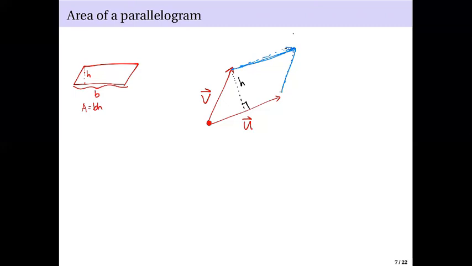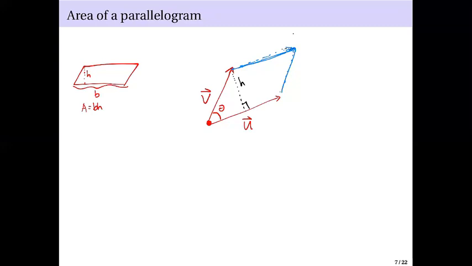We can start by setting this angle theta. And then notice you will have a right triangle in here. If you remember from your trigonometry class, you have your SOHCAHTOA. We can use that to find this height h.